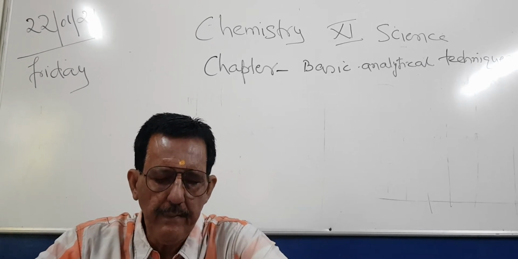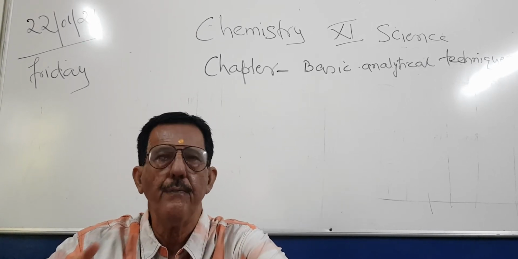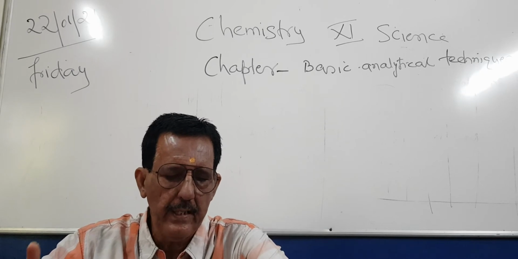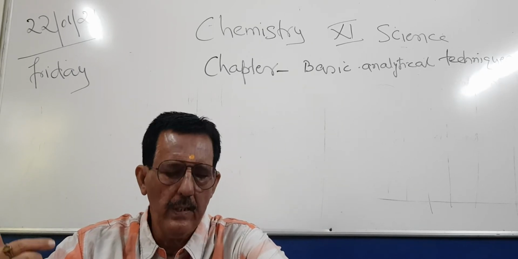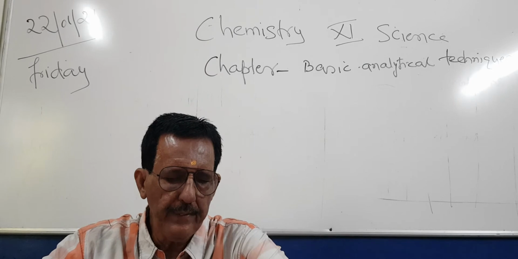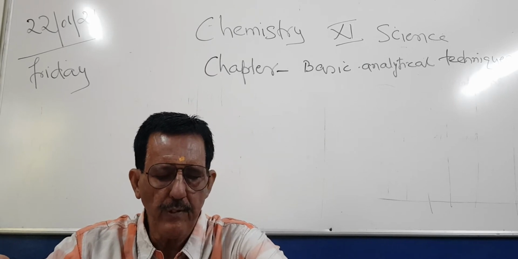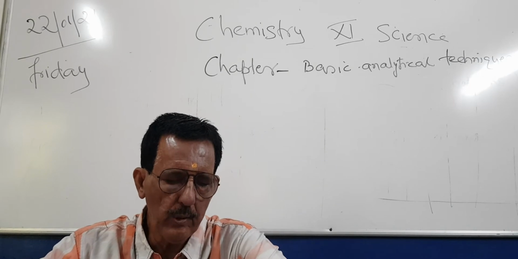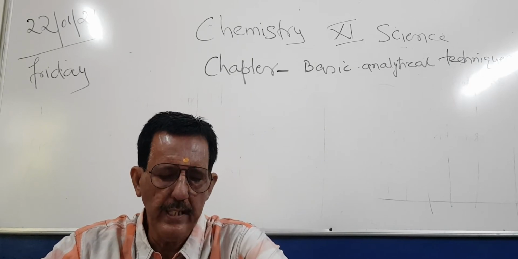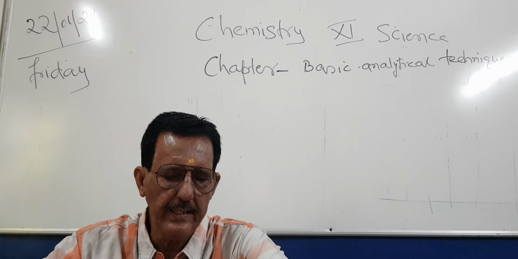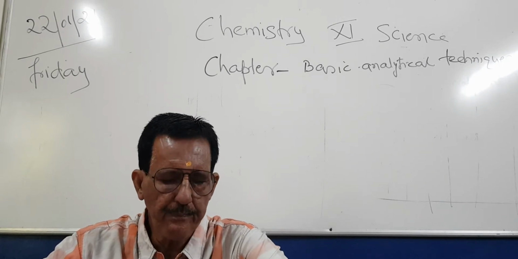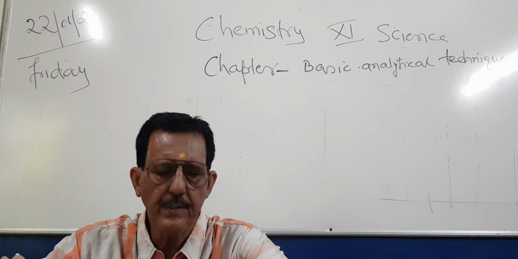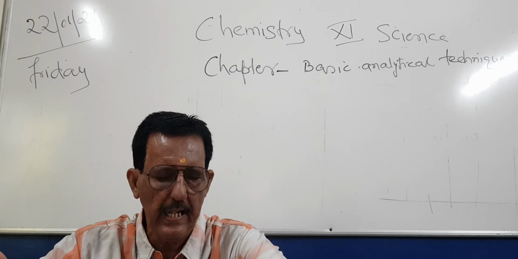Adsorption chromatography is based on the principle of difference in adsorption. It is further classified into column chromatography, which involves separation of components over a column of a stationary phase, and thin layer chromatography, which involves a thin layer of adsorbent silica gel over aluminum, spread over a glass plate.